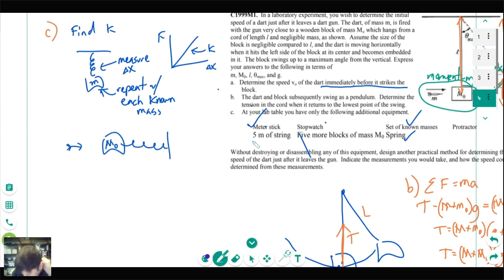It doesn't really matter. Shoot it into the spring, measure this change in X, and then from there you can use potential energy in the spring, came from kinetic. We find V, and then conservation of momentum to find V naught.